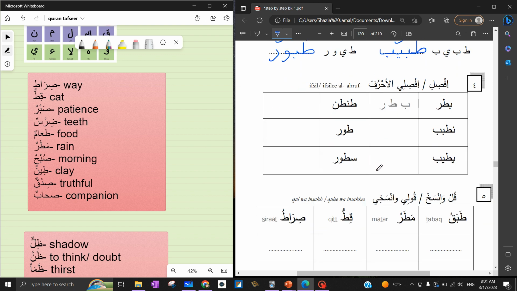Now let's see the ifsil. Ifsil means to separate it. Na, ta, ba, ba. Noon. In this exercise, you need to remember the full form of the letters. Ta and ba and ba.